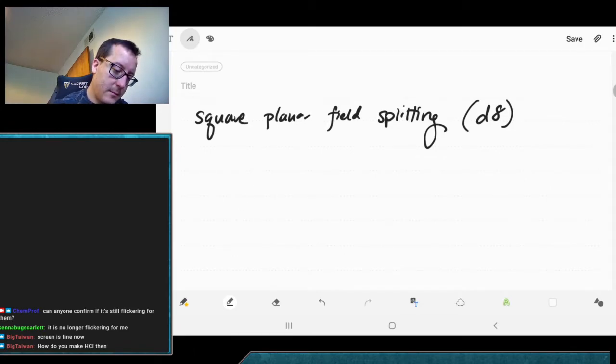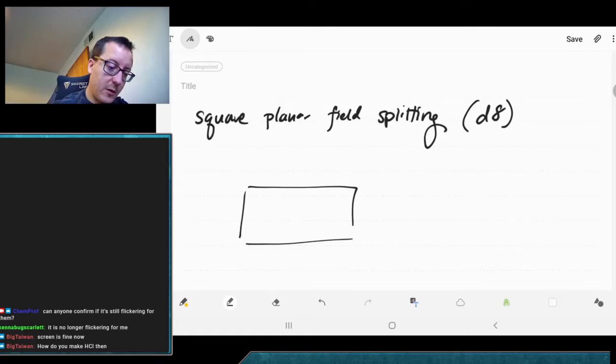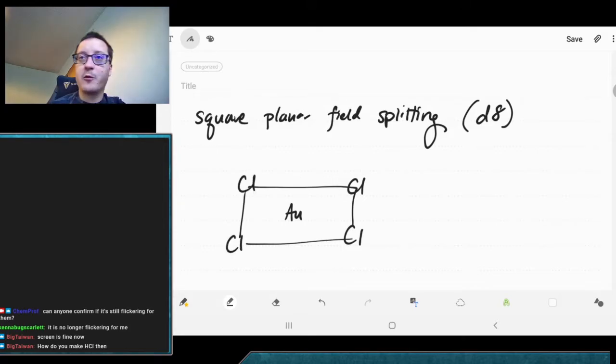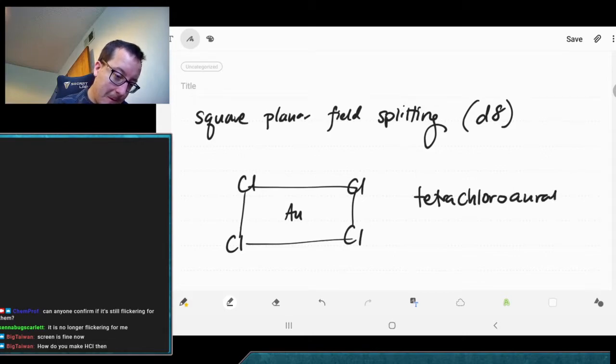If we consider square planar, which clearly I've drawn as a rectangle because I can't even draw a square, and take, for example, our gold and put 4 chlorines around it, we'll make tetrachloroaurate 3. Fun. Tetrachloroaurate 3. That's the name of this guy.